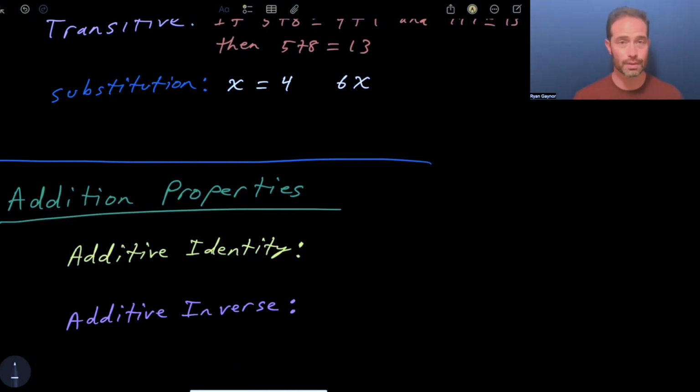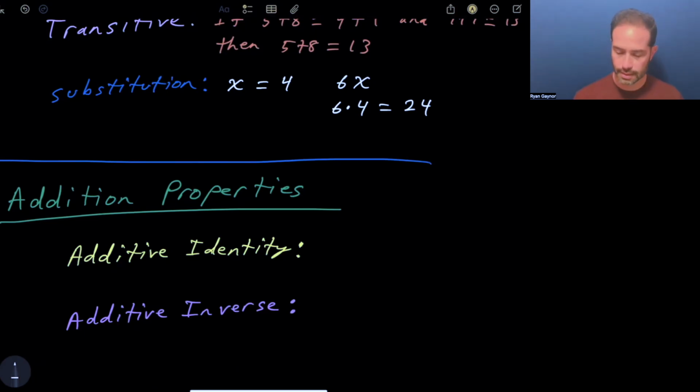Well, then you can just substitute, right? So 6x means 6 times x. So we can just substitute. So it will say 6 times 4. And then you can figure out what it is, 24. That is substitution property of equality.